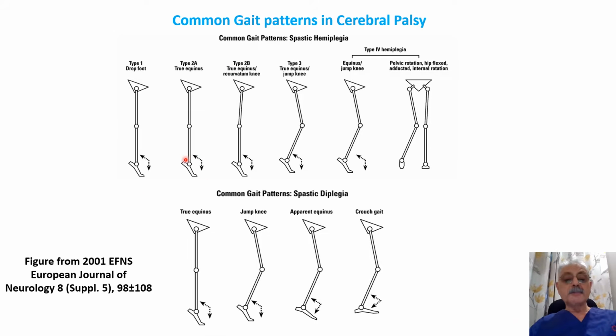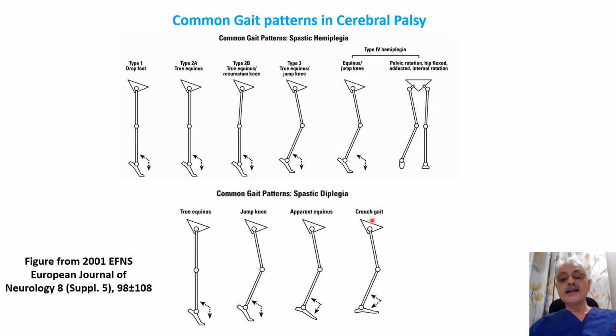In the equinus pattern, which is fairly common both in spastic hemiplegia as well as diplegia, the foot is actually in equinus, and the remaining gait depends on whether you have a straight hip and knee, or you have a hyperextended knee, or you have a flexed hip and knee.